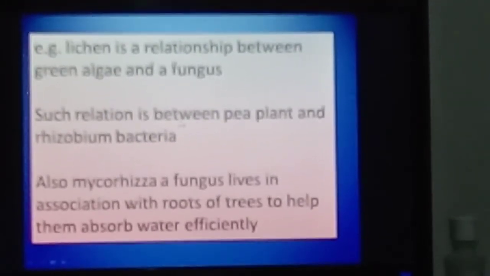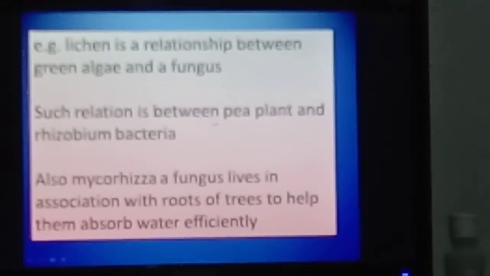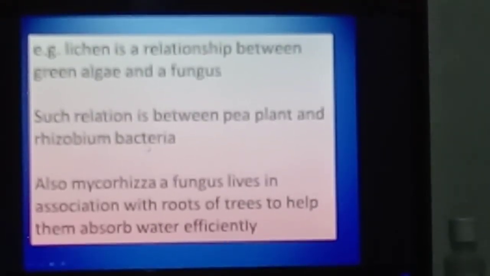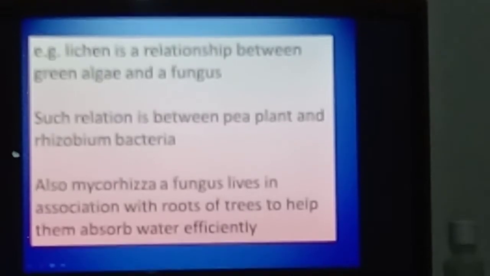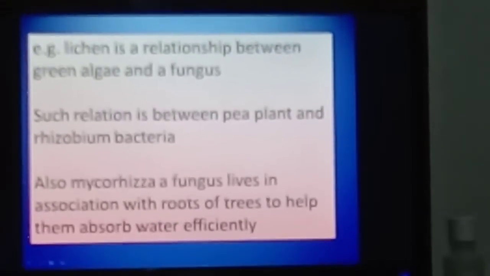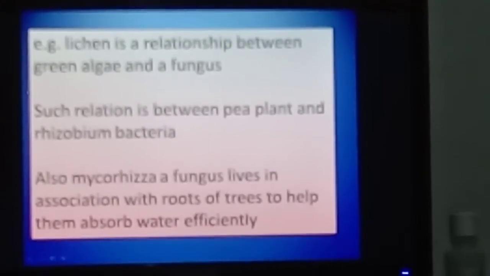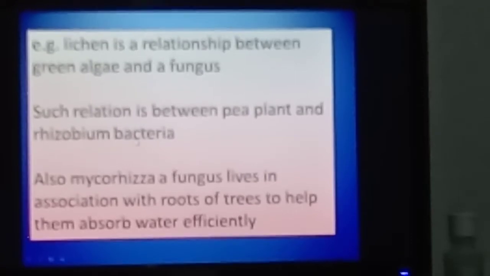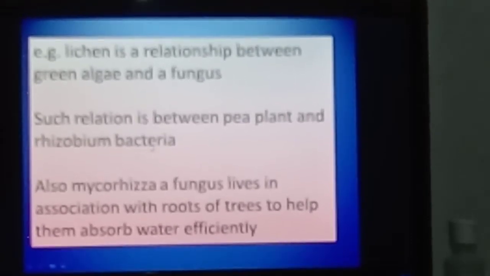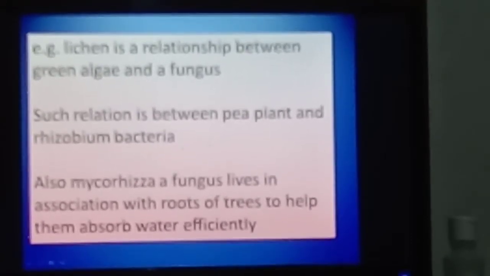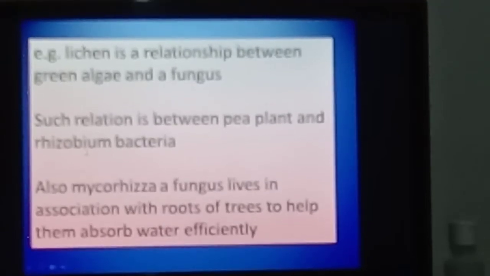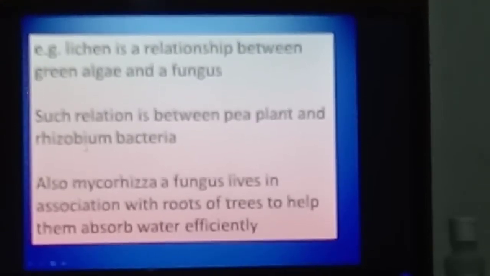Such a relation is also found between the roots of pea plant and Rhizobium bacteria. Pea plant roots have root nodules which provide shelter to the Rhizobium bacteria, while the Rhizobium bacteria in turn help by providing nitrogenous compounds to the plant.